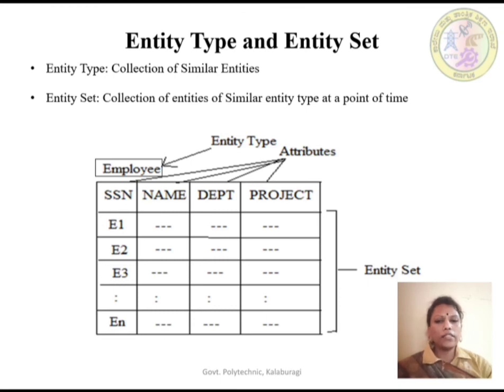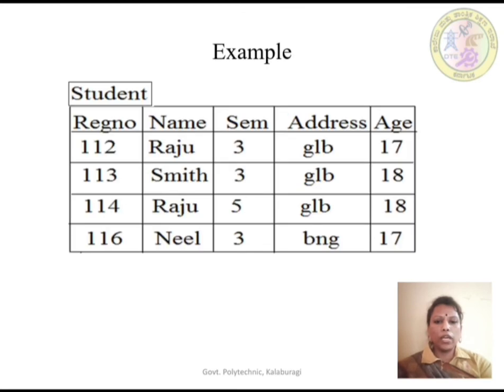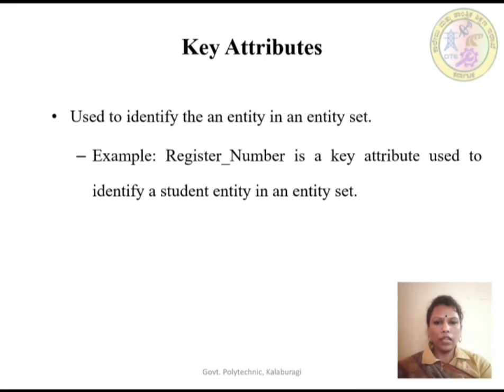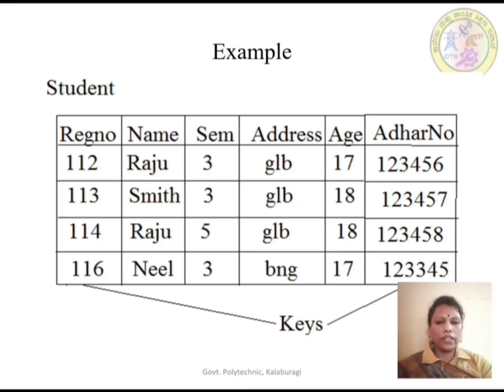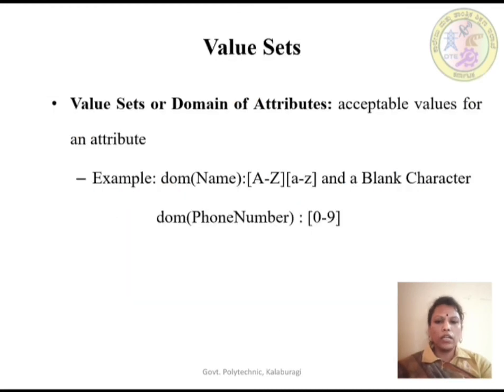An entity set is a collection of entities of similar entity type at a particular point of time. We have also seen an example, and then we learned what a key attribute is. It is used to identify a particular entity in an entity set. And we learned what value sets are.